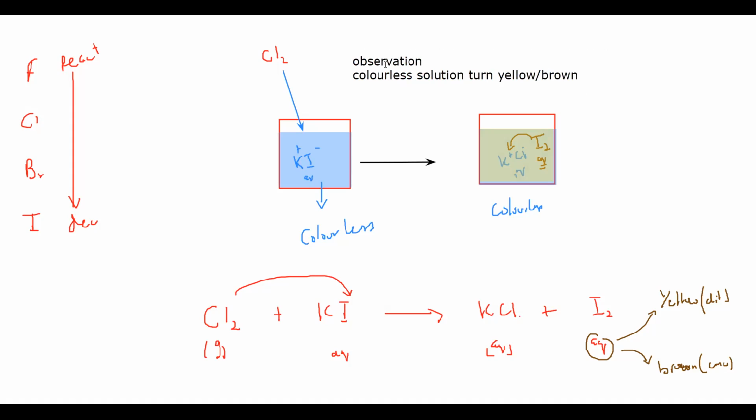So you have to learn this observation when we bubble chlorine gas through a solution of potassium iodide. Potassium iodide, originally, is colorless. As the chlorine displaces iodine, it forms potassium chloride. Potassium chloride is also colorless. But because iodine is formed and this iodine is yellow, the solution will not remain colorless. It will turn yellow or brown. Is it clear? Any doubt in this part?